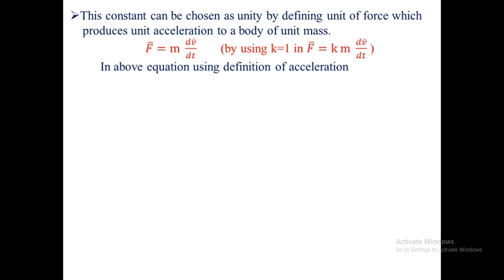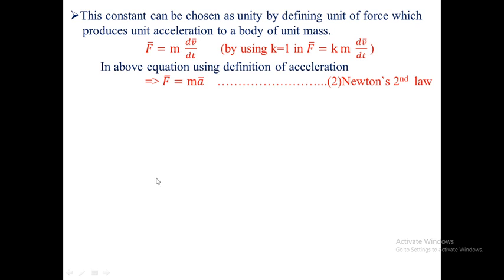So in the above equation, you can observe that there is rate of change of velocity with respect to time, and you have already studied in your 12th standard or in FY also that rate of change of velocity with respect to time is nothing but acceleration. Means we can use the definition of acceleration in the above equation.